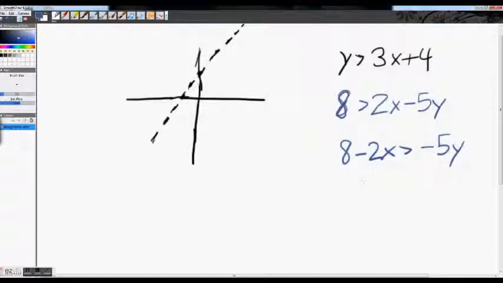Divide by negative 5, and remember, when we divide or multiply by a negative number, we have to reverse the sign of the inequality. In order for this to come out a little better, let's reverse the inequality here, so we end up with this.